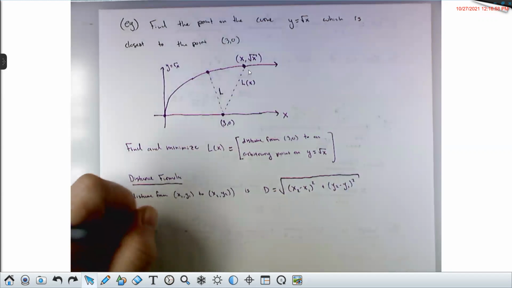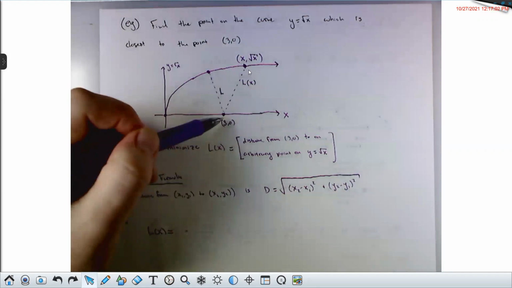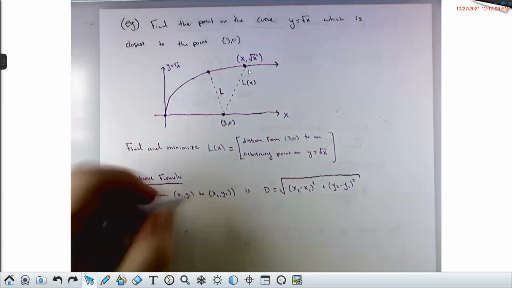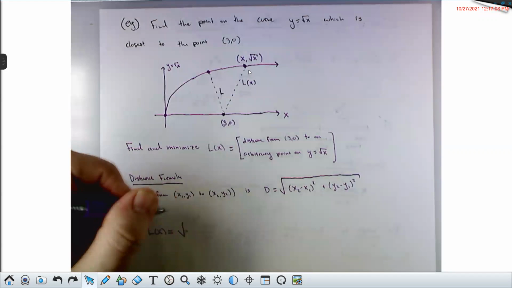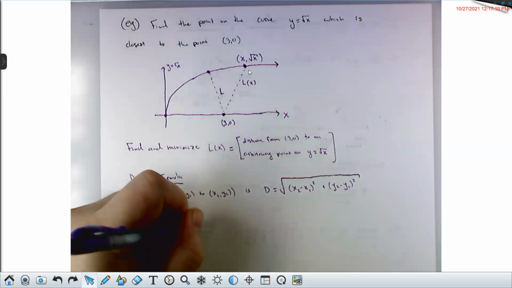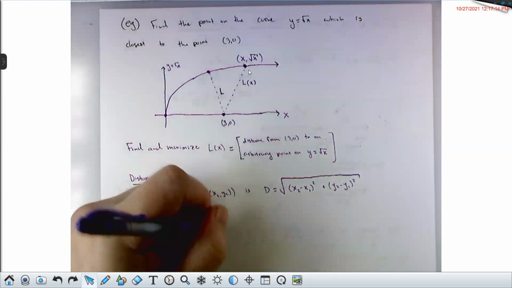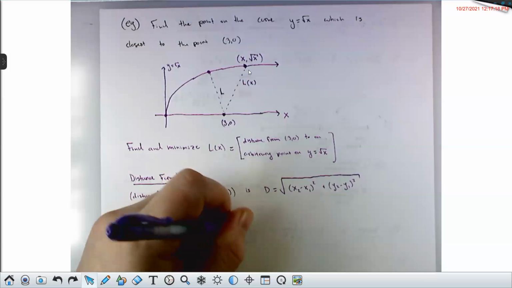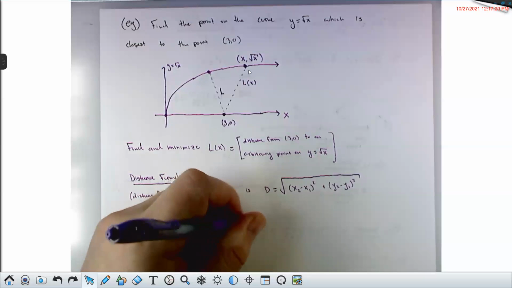So L of x, the length or distance from 3, 0 to x, root x, is going to be the square root of 3 minus x squared plus 0 minus the square root of x squared.